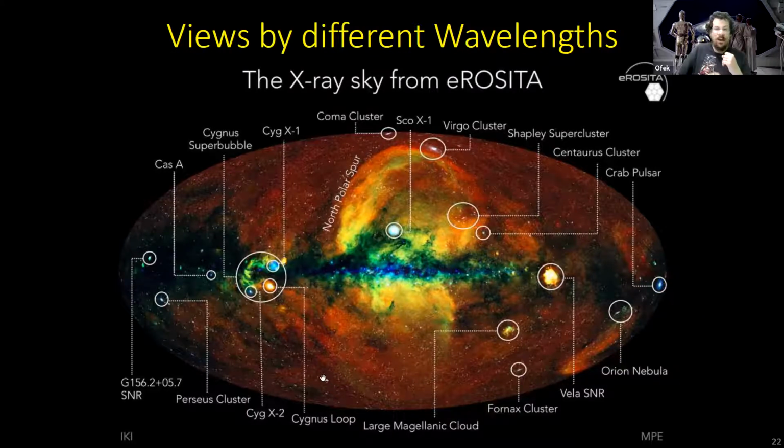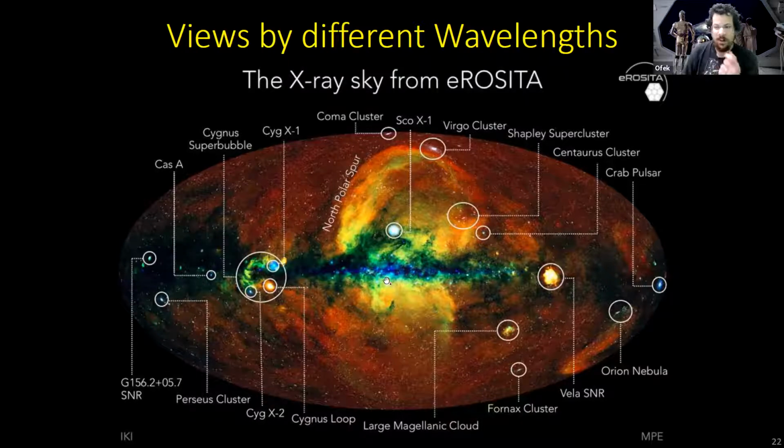We can also see a few other galaxies, like the Large Magellanic Cloud, which is a satellite galaxy to our own, and parts of the Virgo cluster and superclusters, and again, other galaxies and other clusters of galaxies in our vicinity. And again, what's called the North Polar Spur in X-ray, this cloud or region of excess X-ray emission coming out of the center of our galaxy.